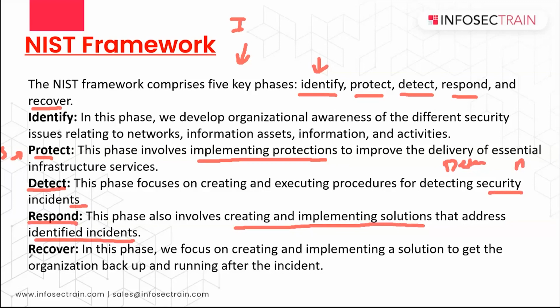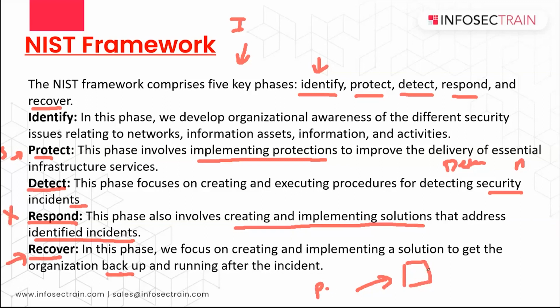At the last step, if an attack has happened by any chance, we are going to recover from that attack. How is that done? With the help of a backup after the incident. If my system has been attacked, I will perform a pen test to find out if there is any vulnerability, and if yes, remove that vulnerability.